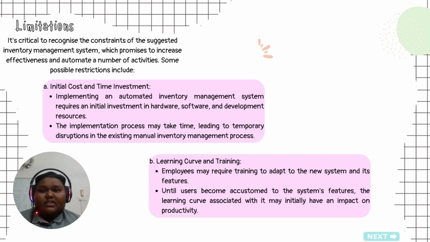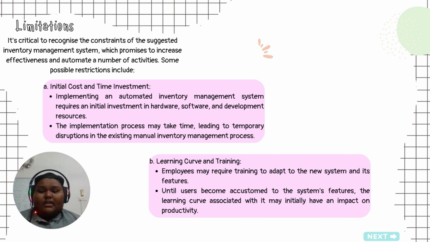Some possible restrictions include: first, the initial cost and time investment. Implementing an automated inventory management system requires an initial investment in hardware, software, and development resources. The implementation process may take time, leading to temporary disruption in the existing manual inventory management process.